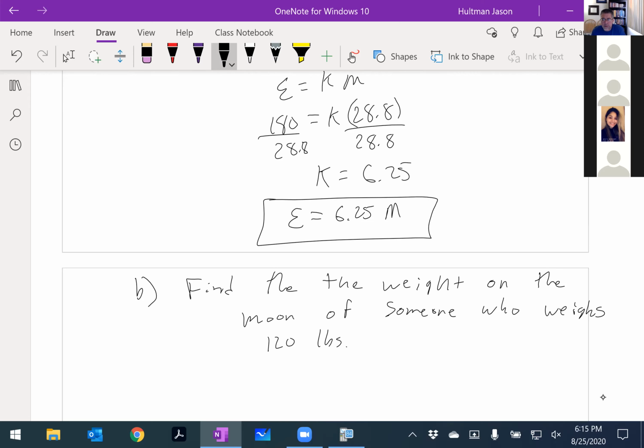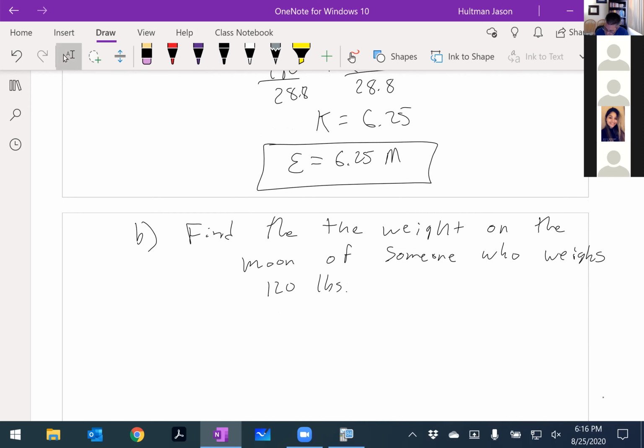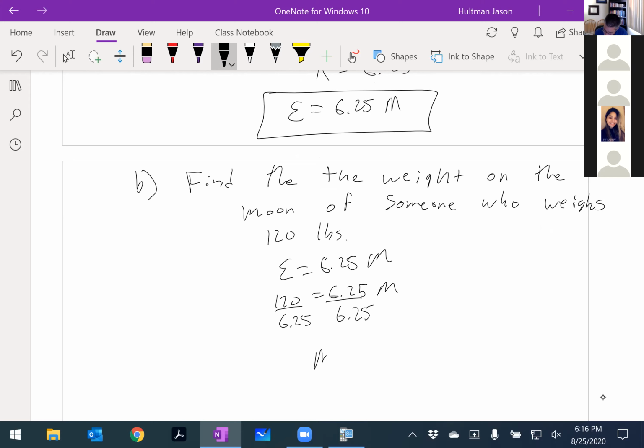So how are we going to do this? Well, we're just going to plug in their Earth weight and try to get their moon weight. So E equals 6.25 M. We plug in the 120, 6.25 M, and then divide by 6.25. And we get what? How much are they going to weigh on the moon?